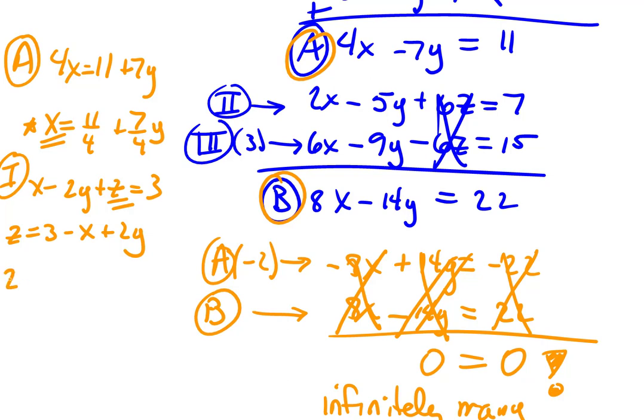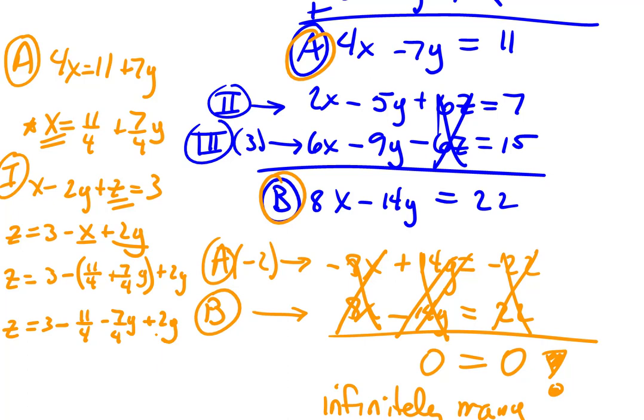So z is really 3 minus x, which is actually 11 fourths plus 7 fourths y, and then plus 2y coming after that. So now we could say that z is really 3 minus 11 fourths minus 7 fourths y plus 2y.